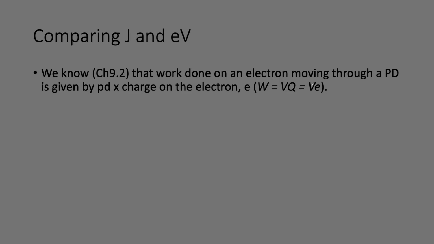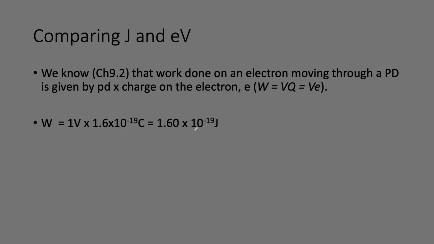So that's the V for the potential difference times e, which is the charge on the electron. So the work done, the energy transferred, is 1 volt multiplied by the charge on the electron, 1.6 times 10 to the minus 19 coulombs.